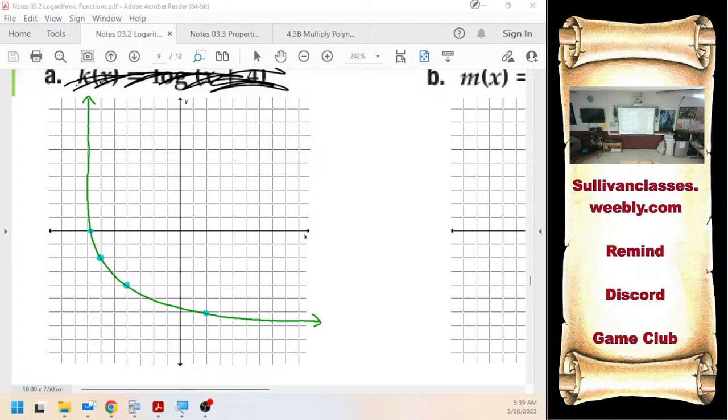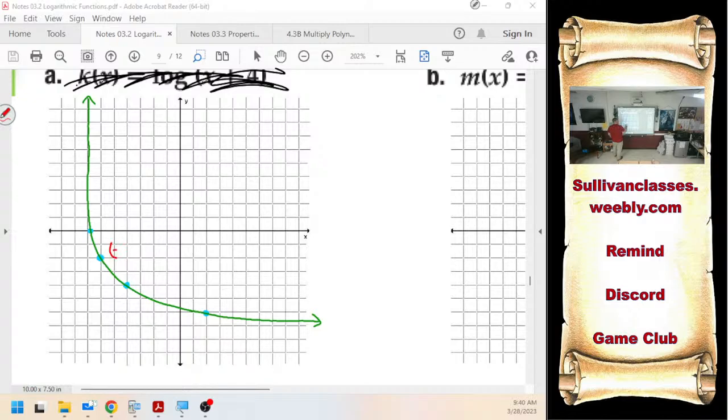Okay, how do we get the equation from that? If you want the points, just because that can be really hard, this is 1, 2, 3, 4, 5, 6, 7. This is 1, 2, 3, 4, 5, 6.